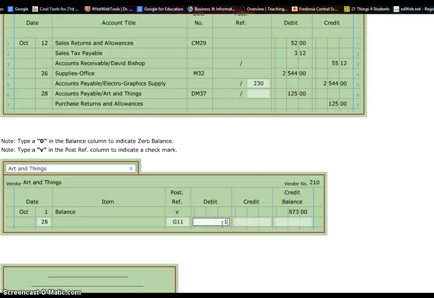So right here in the debit column, $125, and because we have a credit and a debit, we're going to have to subtract. So we're going to take the balance of $873, that's credit normal balance, and we're going to subtract the $125, and we should have now a balance of $748. And last step, take the check mark and plug it in to show that we posted it.